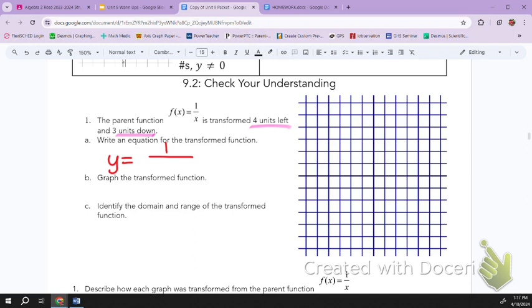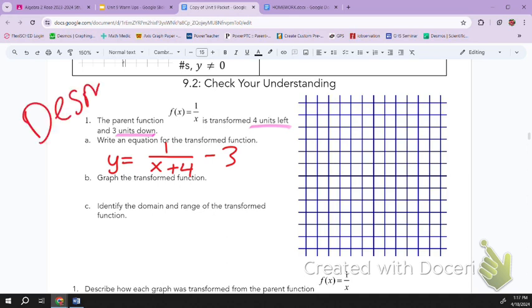Left and right. Is that my H or my K? H. So it's going to be x plus or minus 4 then. Plus, remember it goes opposite. And then that shift down of 3. What's that going to look like? Minus 3. Okay, and so this is what we're going to type in Desmos right now.